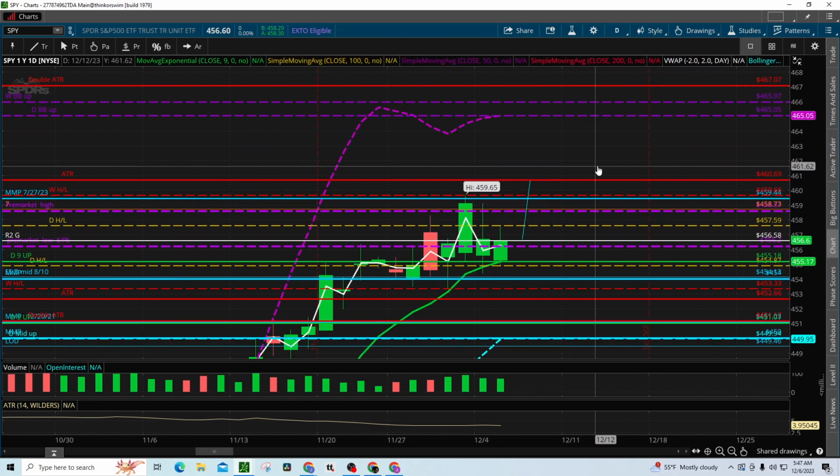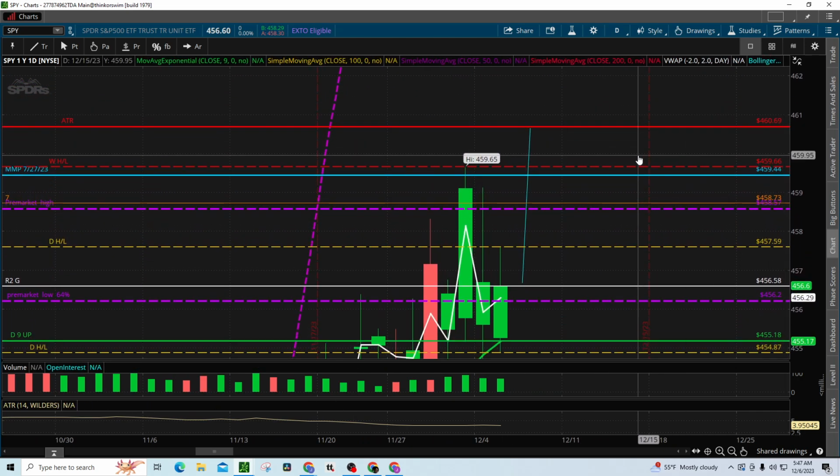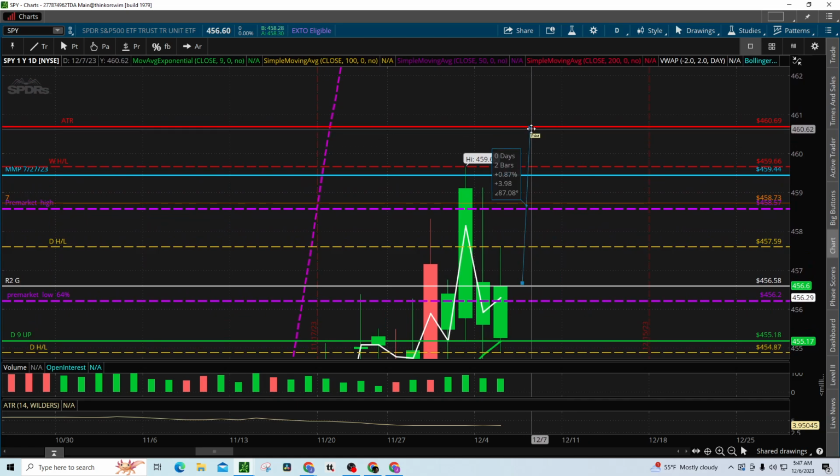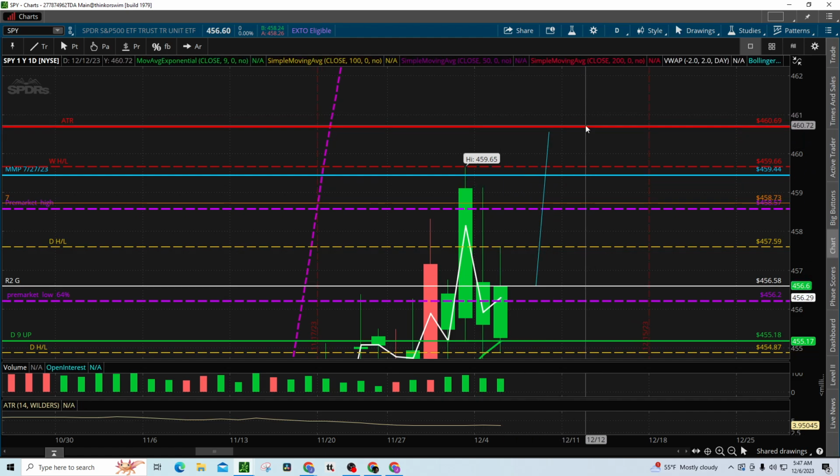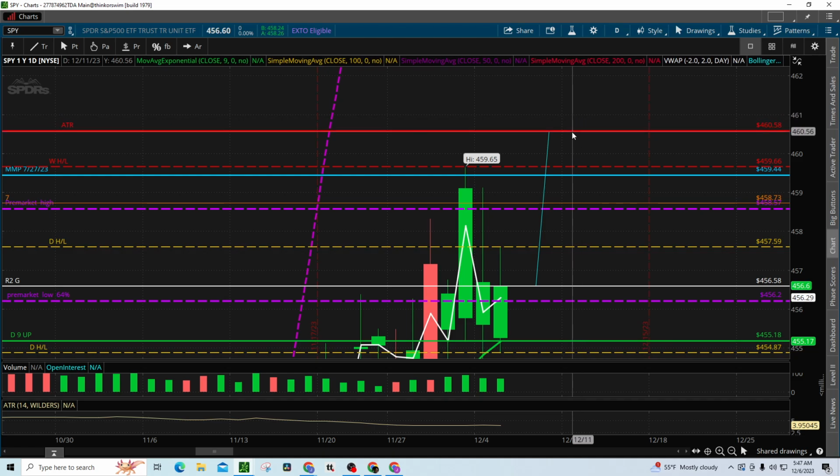Okay, so daily ATR is 395. So I want to know the average range it's going to move today. So here's red to green right here. So from here to here is 396, close enough to 395. So I want to know where that level is.